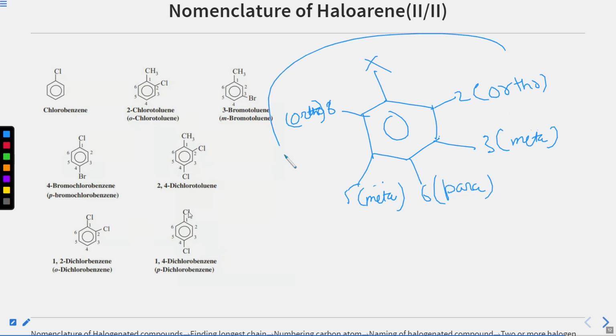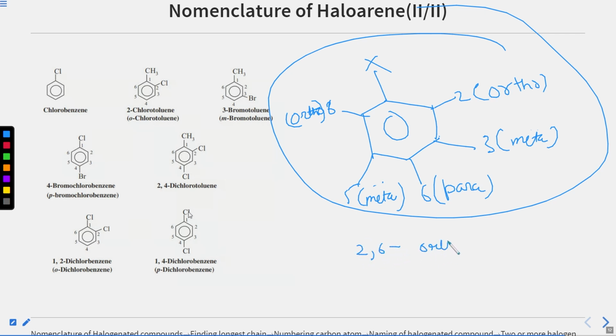So keep this in mind: 2 and 6 are ortho, 3 and 5 are meta, 4 is para. Clear to all of you? Okay, we are done with this.